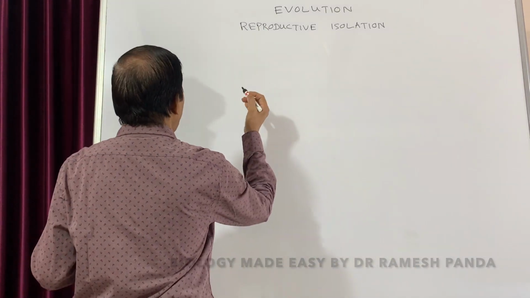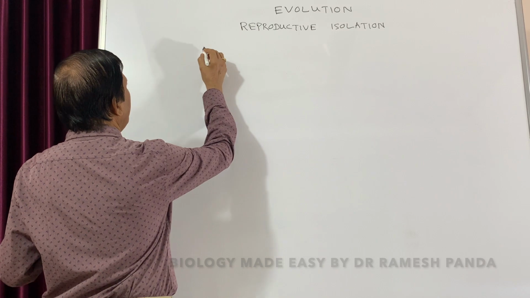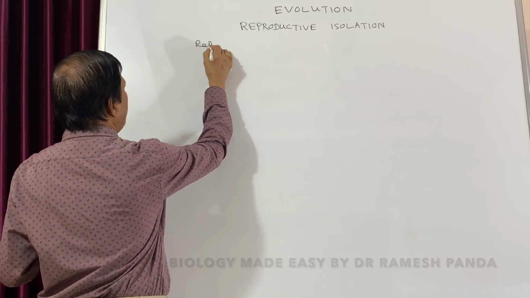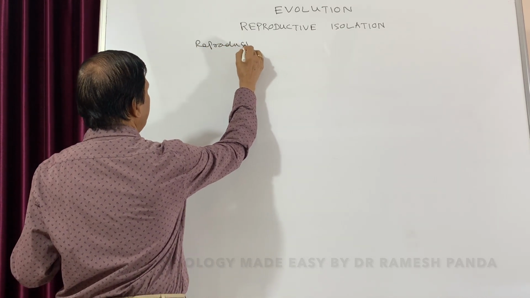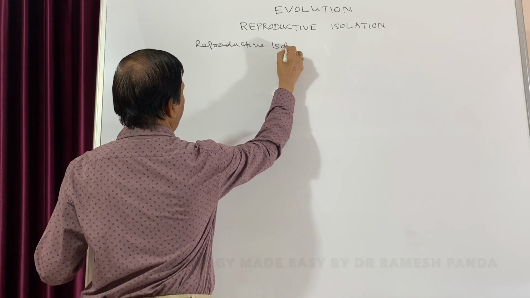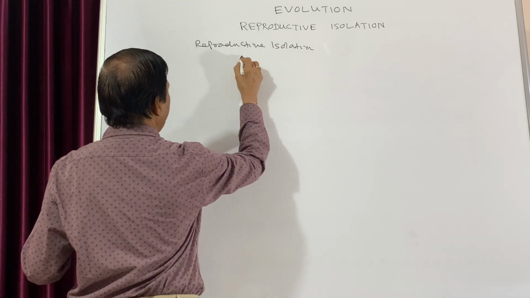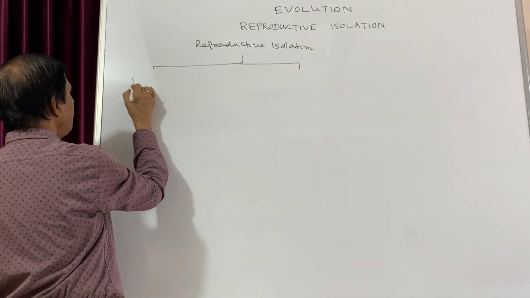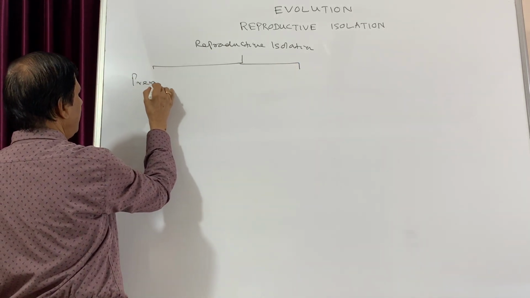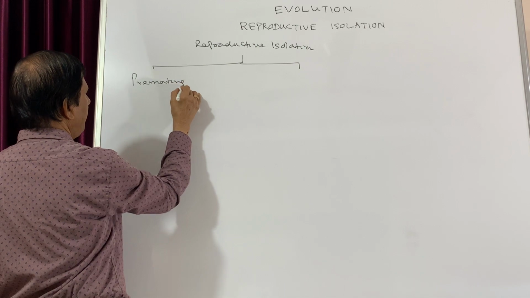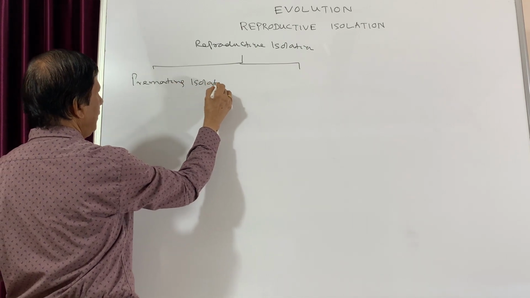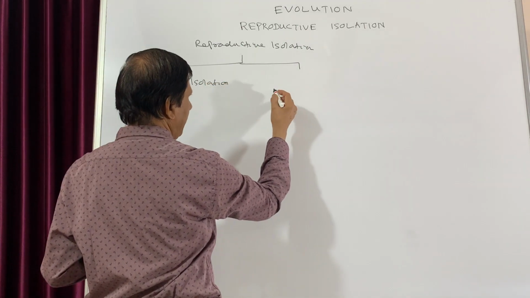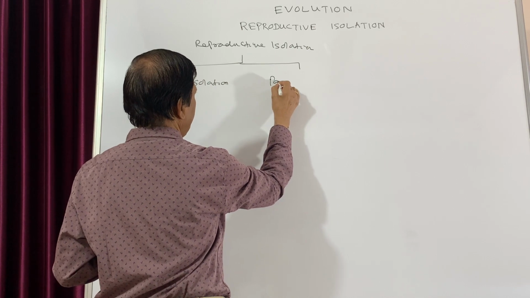So reproductive isolation may be pre-mating isolation, or it may be post-mating isolation.